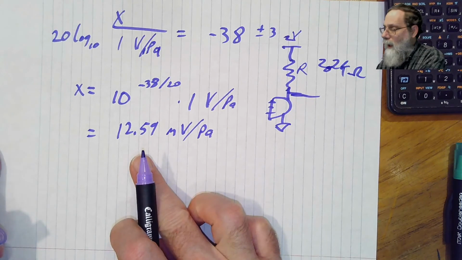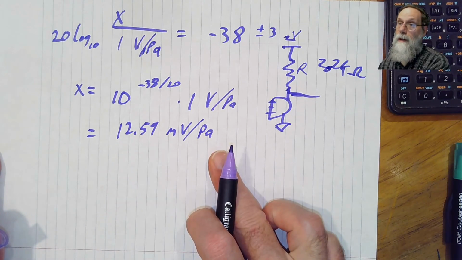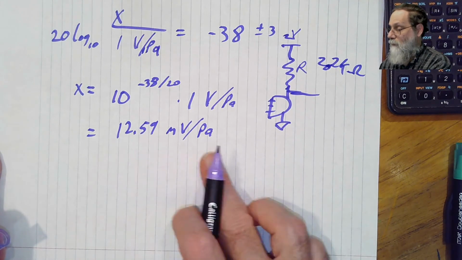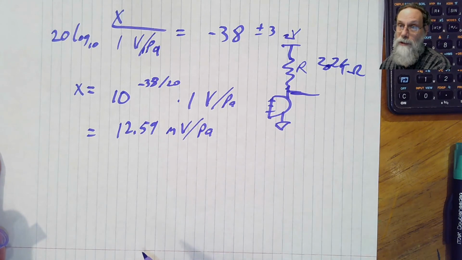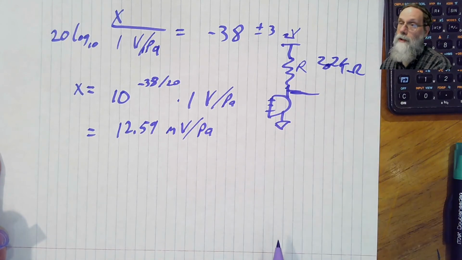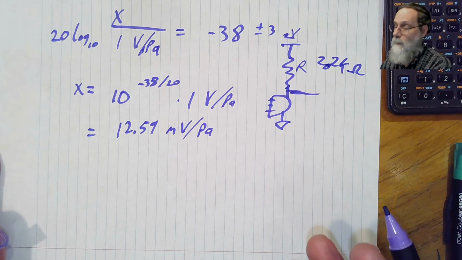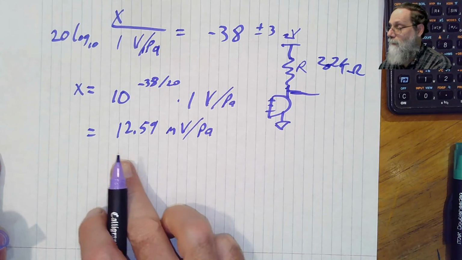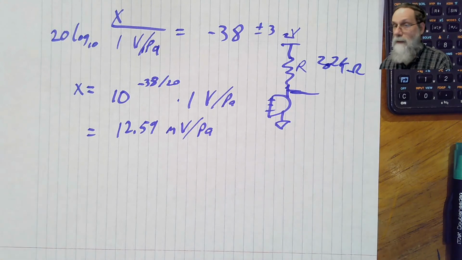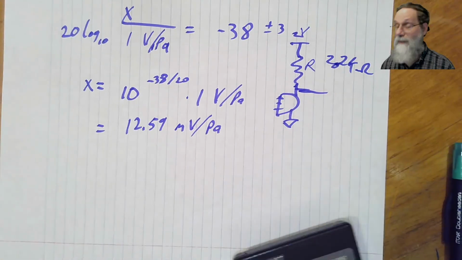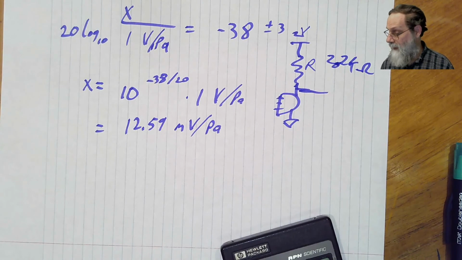Well, how do we convert this voltage sensitivity back into the underlying current sensitivity? Well, we know what sense resistor they were using. They were using 2.2 kiloohms. So if we just divide this voltage by the 2.2 kiloohms, we will get the actual sensitivity in amps.